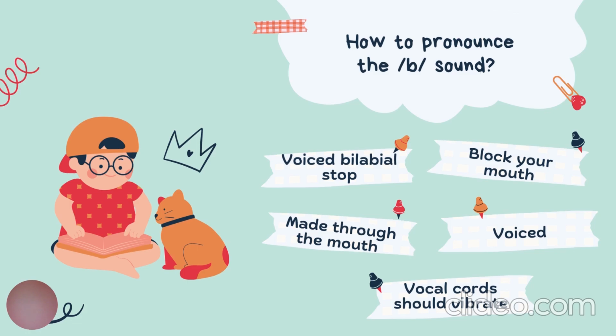In this case, you use both your lips to create a stop and then release it. To produce this sound, bring both of your lips together and build up some pressure in your mouth, then release it while voicing at the same time.